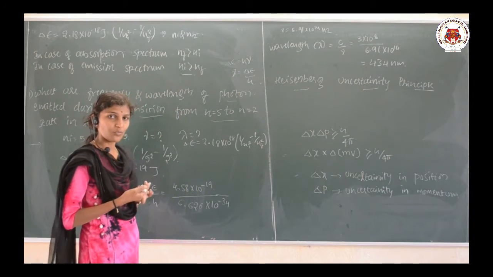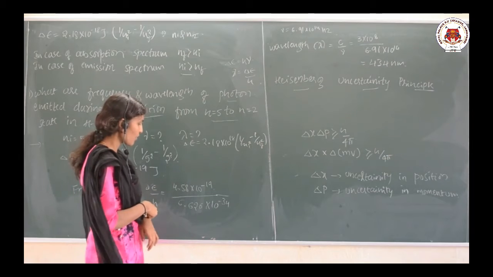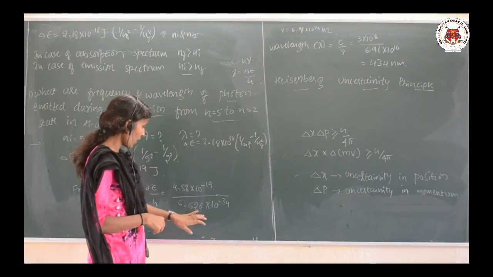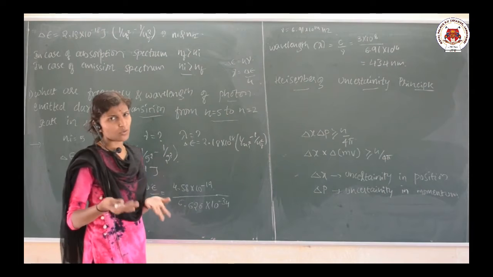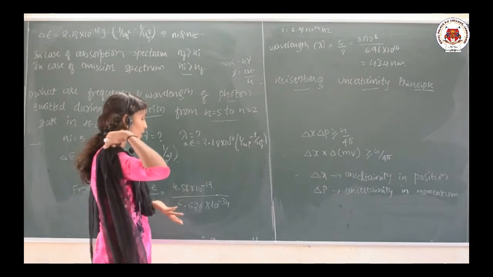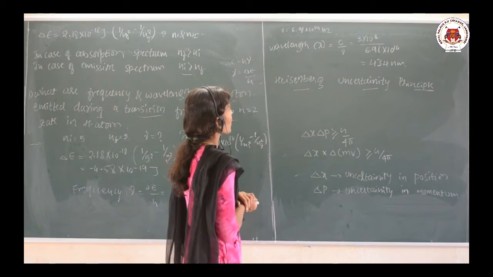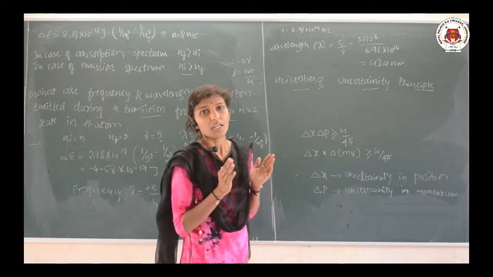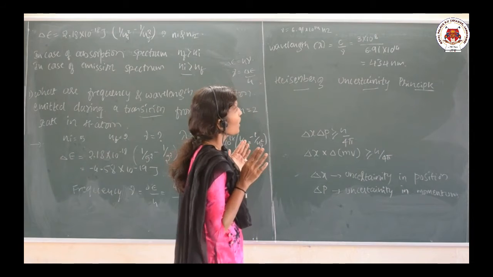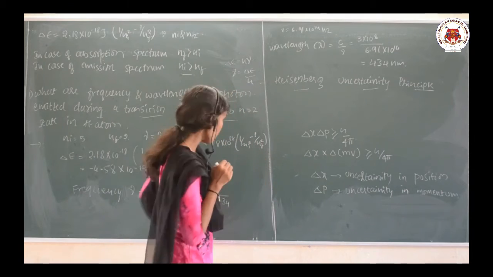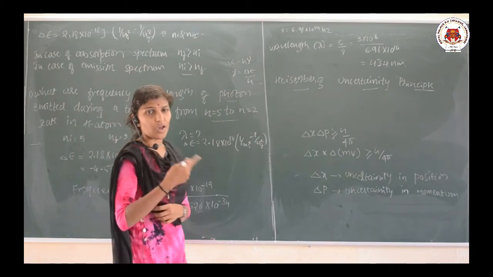Already we know the value of E, so you can substitute that value of E, and then substitute the value of H, which is Planck's constant, and if you simplify that, you are going to get an answer of 6.91 into 10 to the power 14 hertz. Clear? So this is the frequency we have calculated.